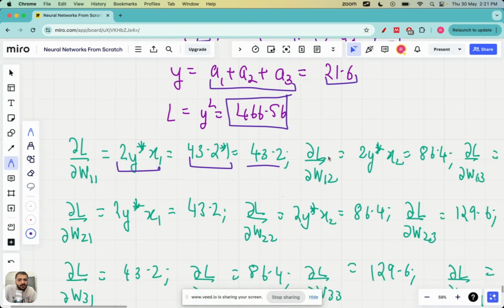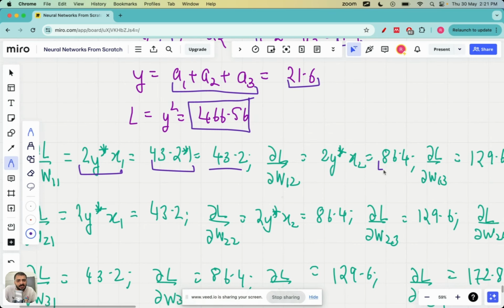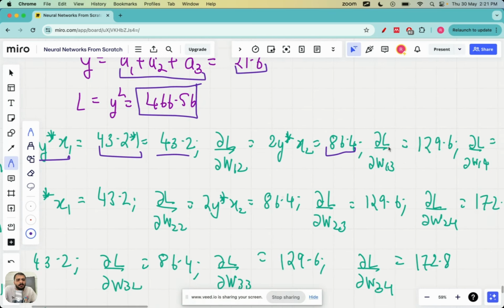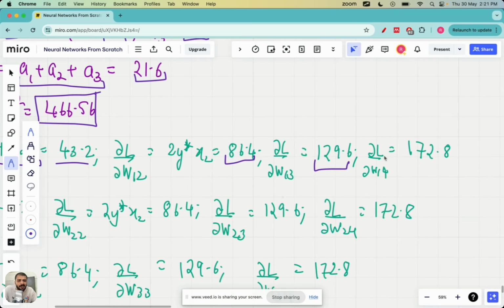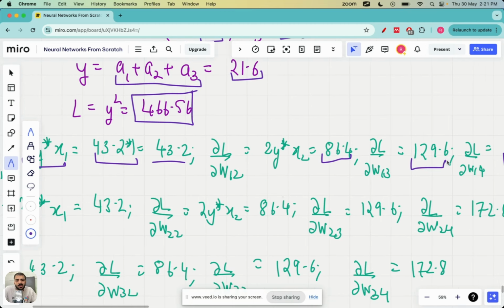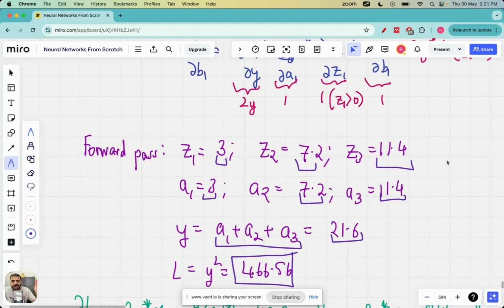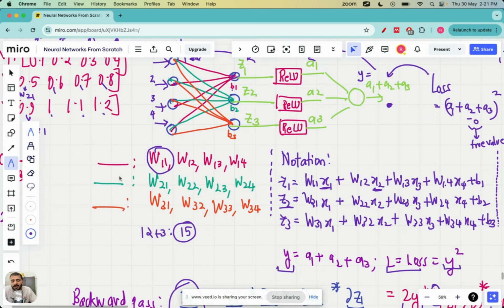The partial derivative of L with respect to W12 will be 2y into x2, which is 86.4. The partial derivative of L with respect to W13 will be 2y into x3, which is 129.6. And the partial derivative of L with respect to W14 will be 2y into x4, which is 172.8. So we have calculated these four partial derivatives of the weights belonging to the first neuron, which are these weights.